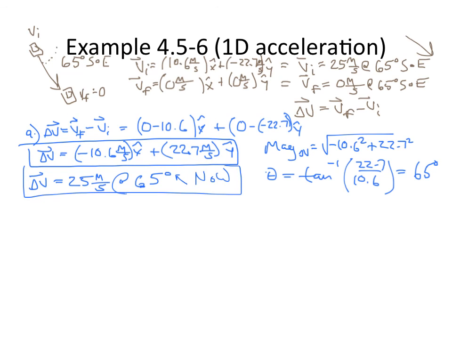So our change in velocity is going to be directed in the opposite direction as the initial velocity. In this case, especially because it's slowing down. Slowing down means that it's decreasing its velocity, so the change in velocity is acting in the opposite direction.